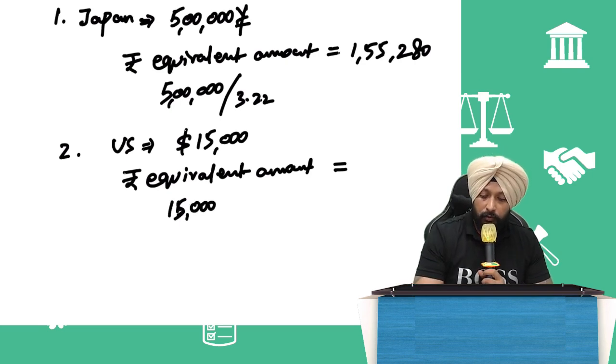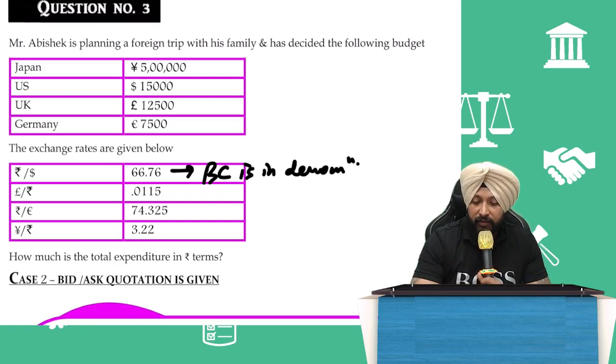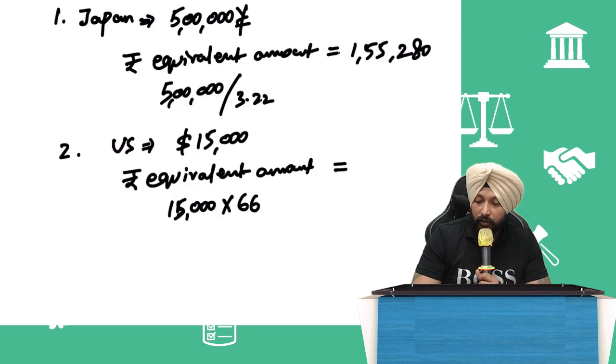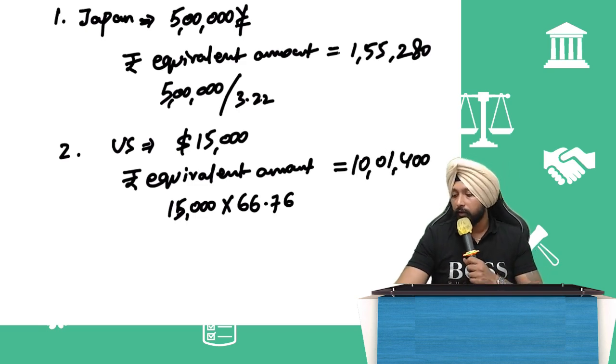Look at the quotation. Dollar is the base currency. We are given base currency. We need to convert into price currency. So we got to multiply with 66.76. Do you agree? Yeah. So 15,000 into 66.76. We get 10 lakhs 1,400.